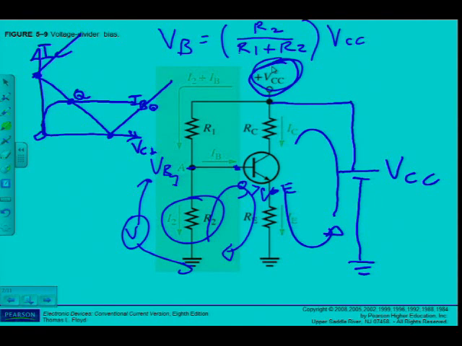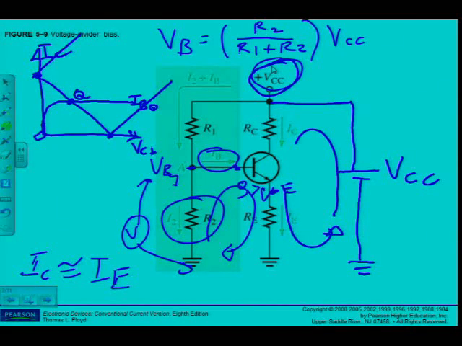Then here, the last equation on that page, equation 5.3, you can see that IC is equivalent to IE. I make this statement because I know IB is very small in comparison with IC and IE.